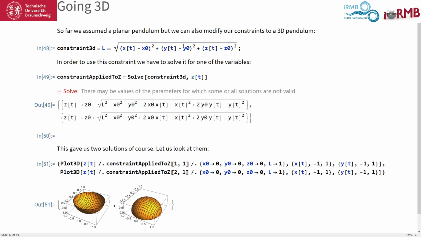Now let's go one step further and take a system with 3 degrees of freedom, or actually 2, a pendulum that is not constrained to a plane, but a pendulum that could be floating in 2 different ways.